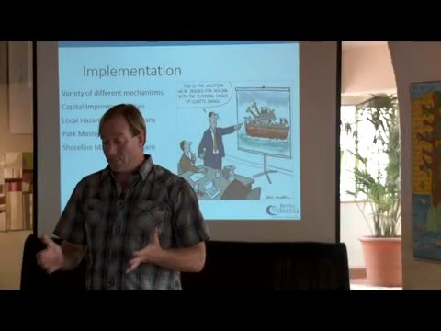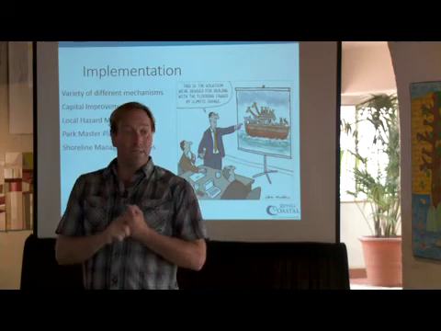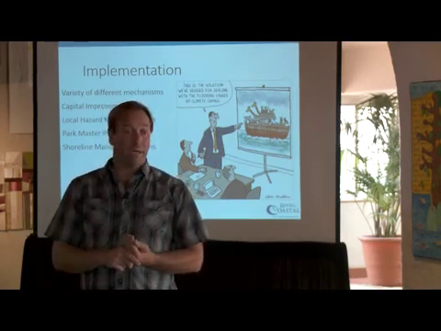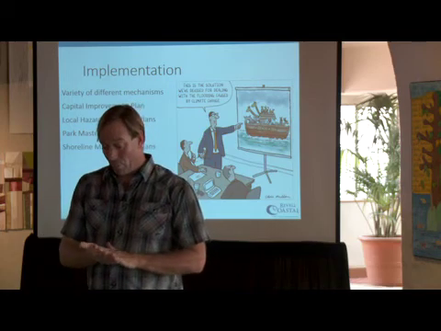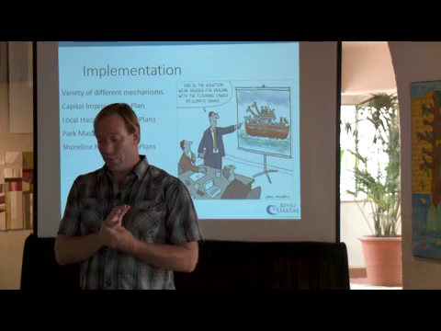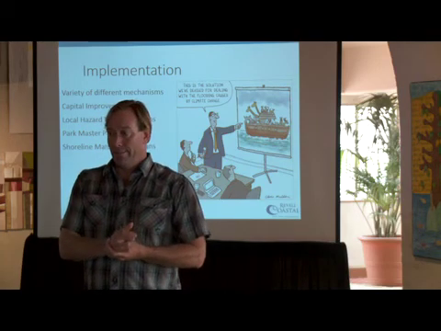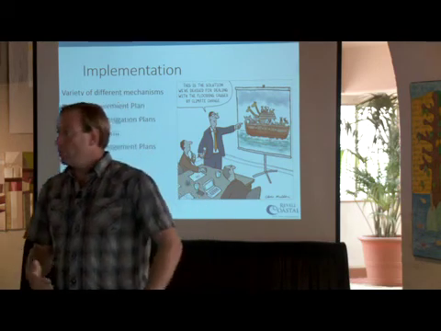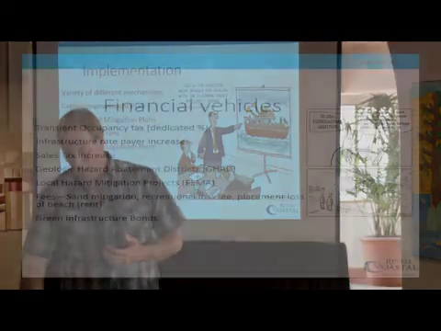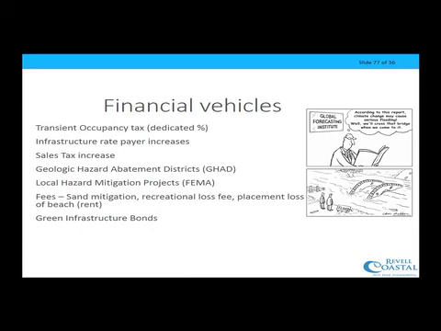Local hazard mitigation plans, great way to get these large high-cost projects paid for by FEMA or largely cost shared with FEMA. Park master plans, shoreline management plans, all of those kinds of things are mechanisms to potentially implement some of these policies, as well as zoning ordinance updates.